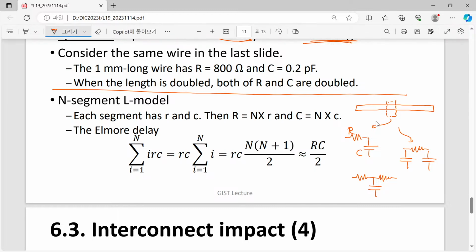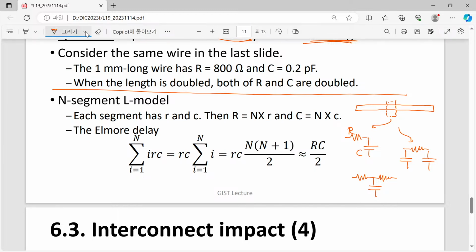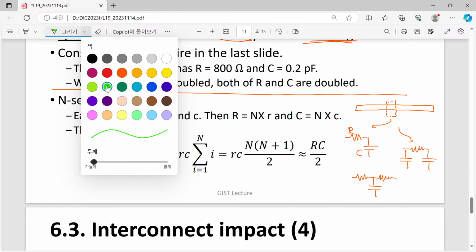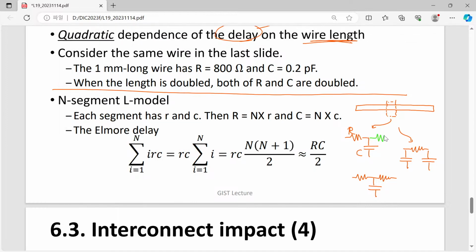Maybe you think there is a difference due to these different ways of consideration? But please think about this. Although each can have a different shape, when we concatenate them, eventually we will have this form.